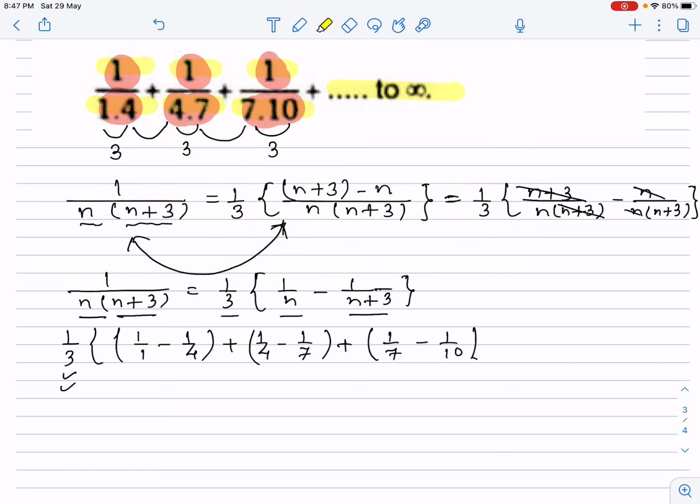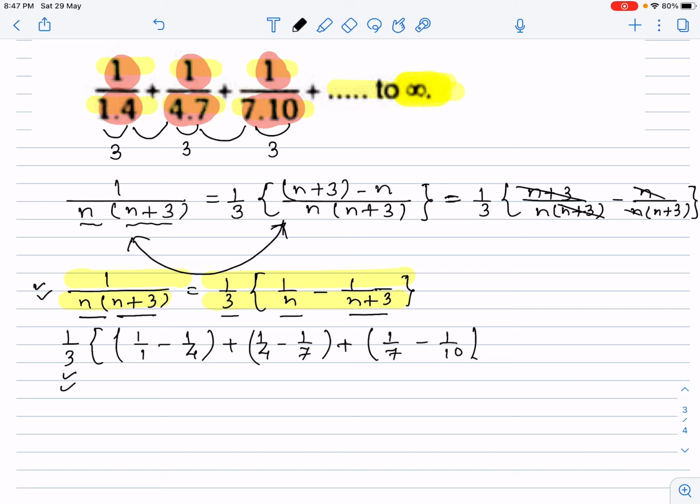For how many times will I use this? For an infinite number of times, because I have an infinite number of terms over here. So many terms you have, that many times you'll use this form, which is generated to break the sum. And as soon as the sum is broken, I'll get the answer.